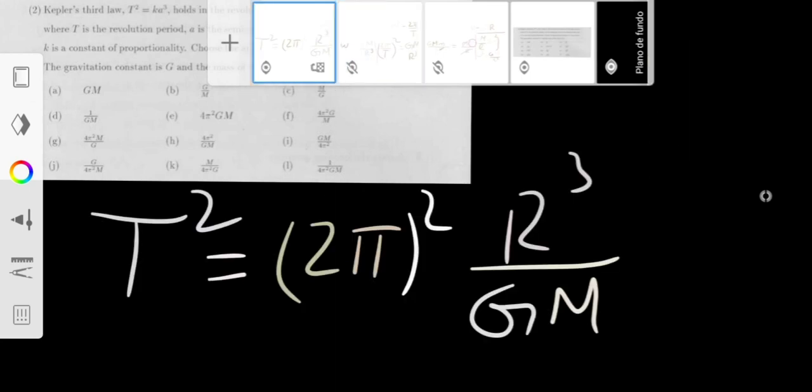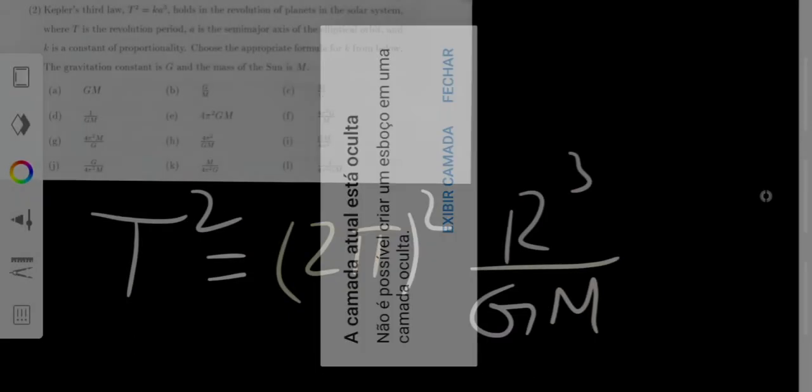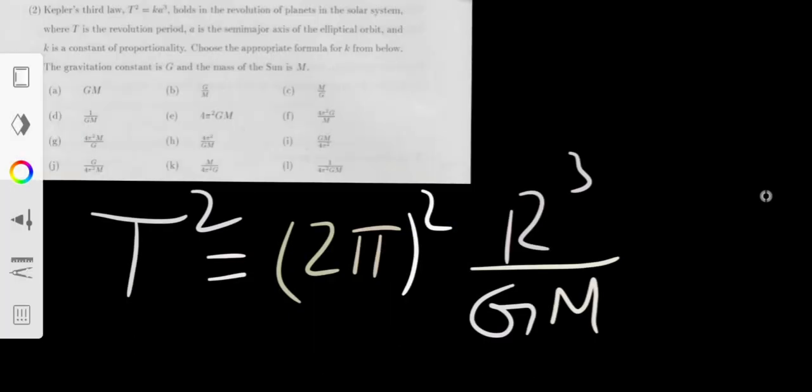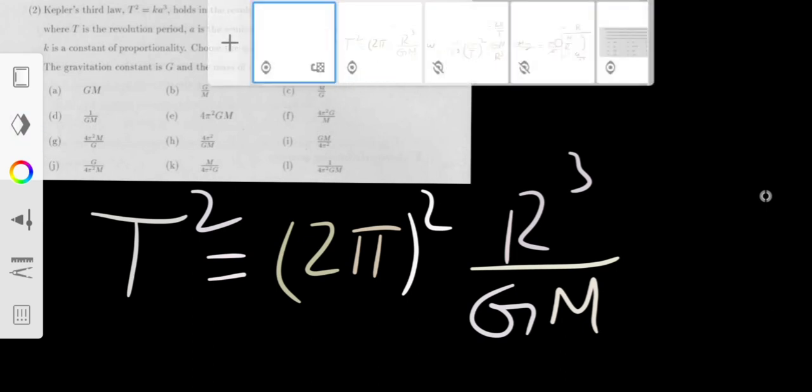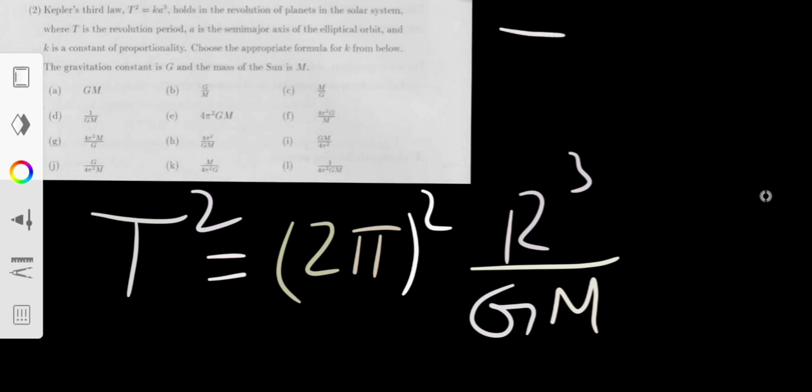And the question finishing. So the period squared. Now, the thing that he asked us was the period squared divided by the radius cubed, right? So what he asked us was T squared divided by r cubed.